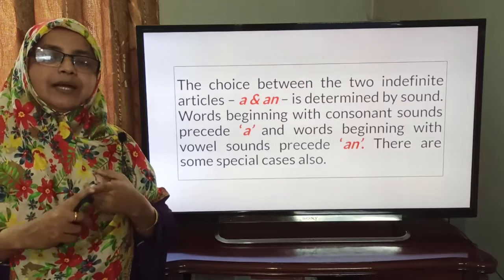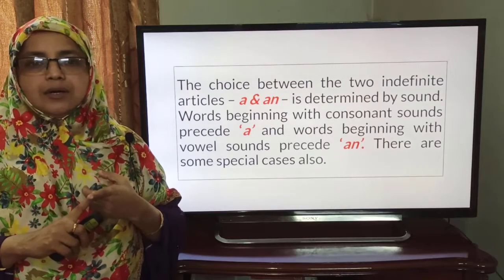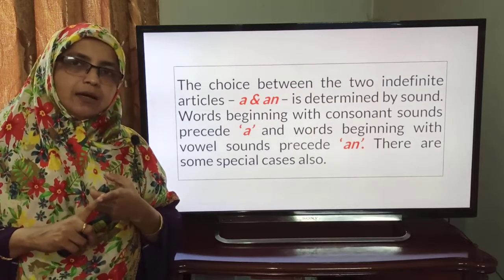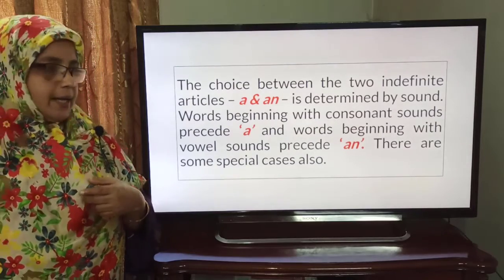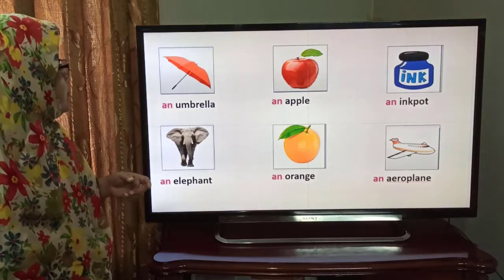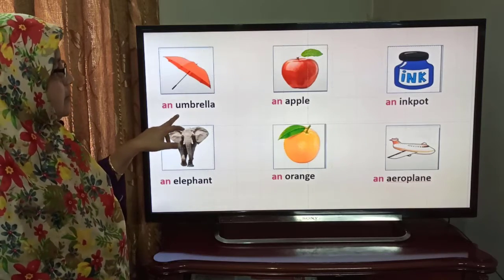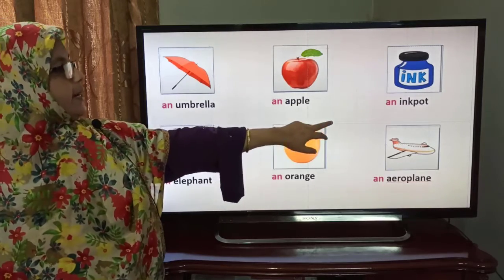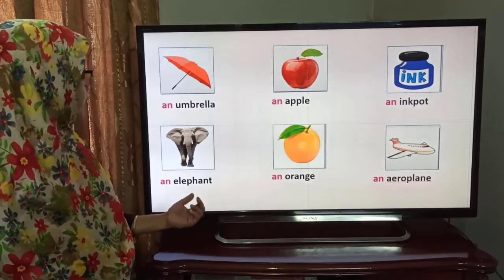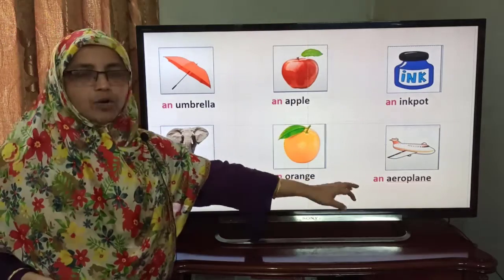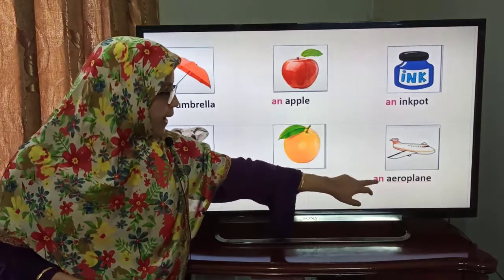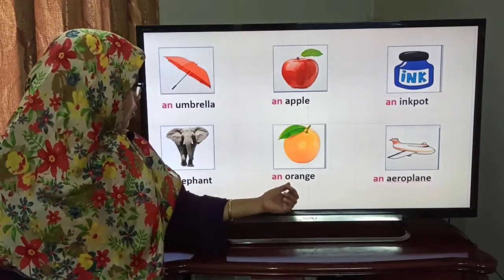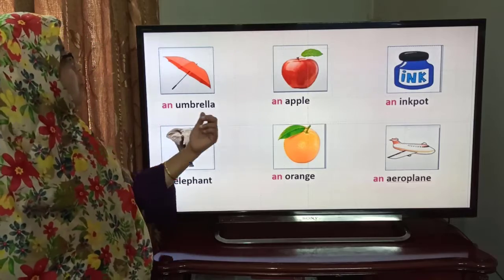When the word begins with a vowel sound, we have to use an. When the word begins with a consonant sound, we have to use a. Well, that is an umbrella, an apple, an ink pot, an elephant, an orange, an aeroplane. That is an, a, e, i, o, u.